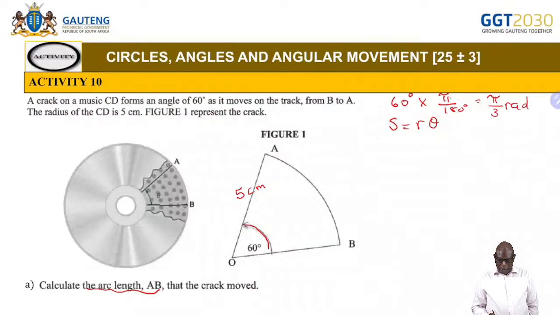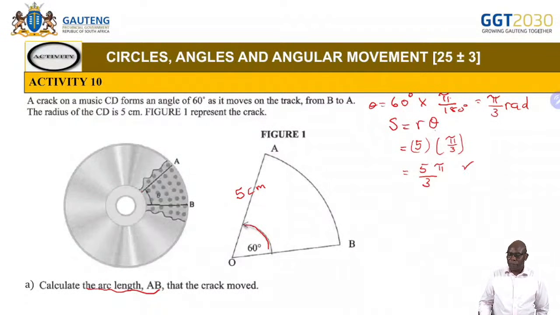Now I have this, so I can substitute. What is my radius? 5. What is my angle in radians? It's going to be pi over 3 radians. And then I multiply this, I get 5 pi over 3. You can leave your answer like that. Don't go to decimals and stuff like that.